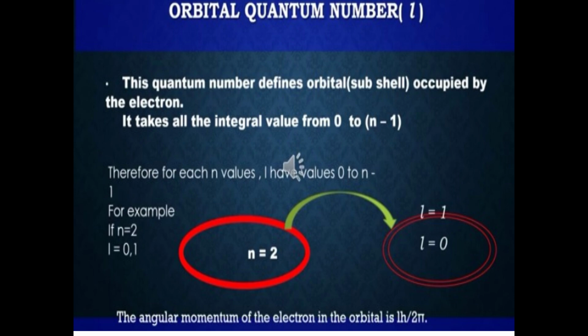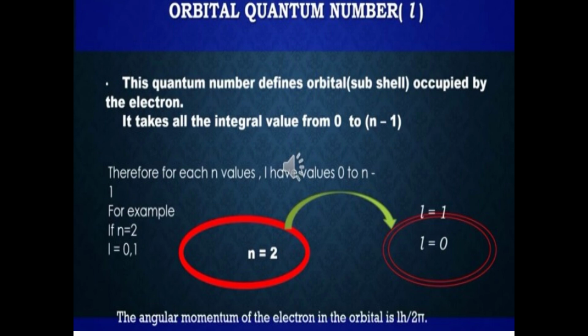Orbital quantum number. This quantum number defines the orbital occupied by the electron. It takes all the integral values from 0 to n minus 1. This may take the integral values 0, 1, 2, 3, 4, etc., up to n minus 1.